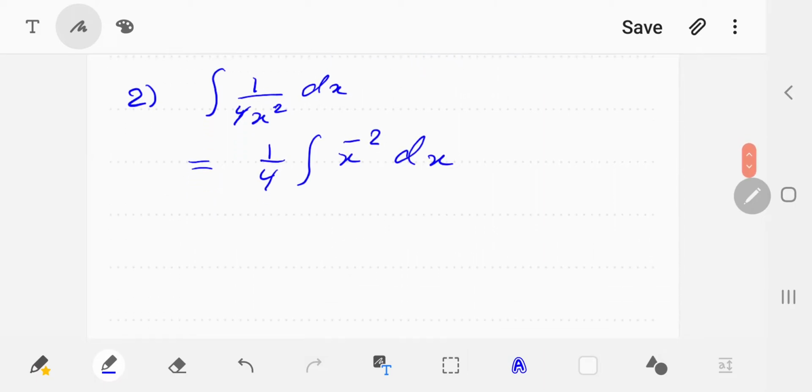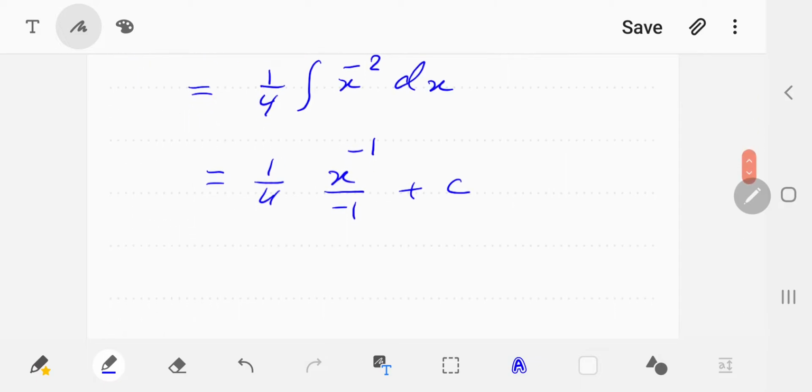Now it's a power rule again, so 1 over 4 times x to the power of -1 over -1 plus the constant of integration. When you simplify this, the -1 will make the 1/4 negative, so it's -1 over 4 times x plus c. That's the second one.